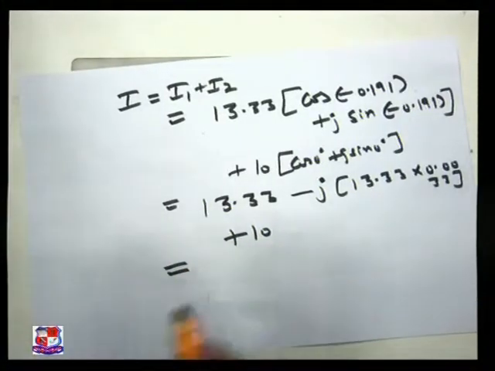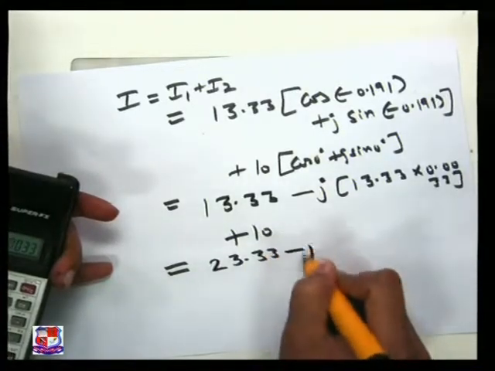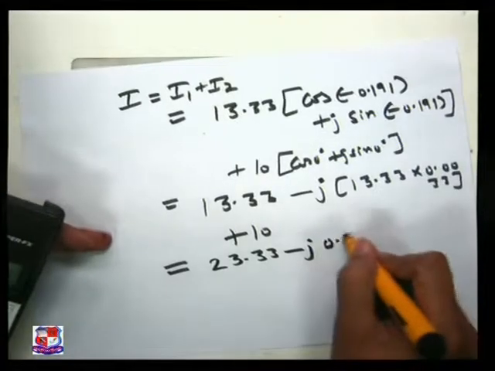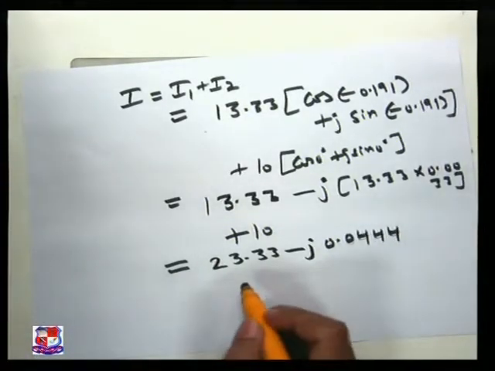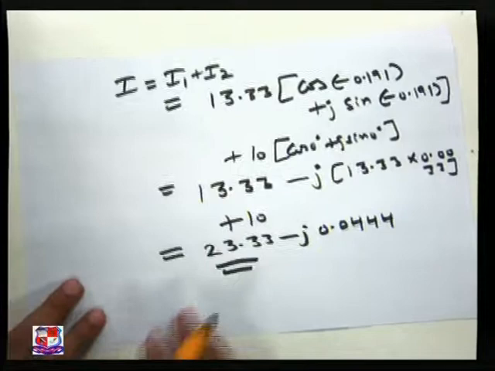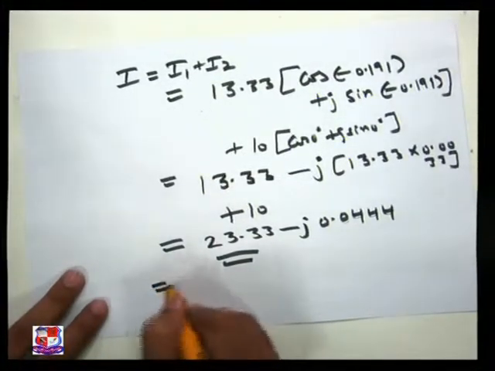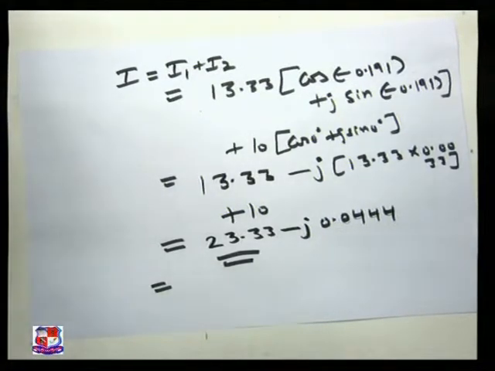So what we will get as final will be 23.33 minus j 0.0444. So this will be the total current. Again we can find the magnitude as well as phase. The magnitude will be under root a square plus b square.